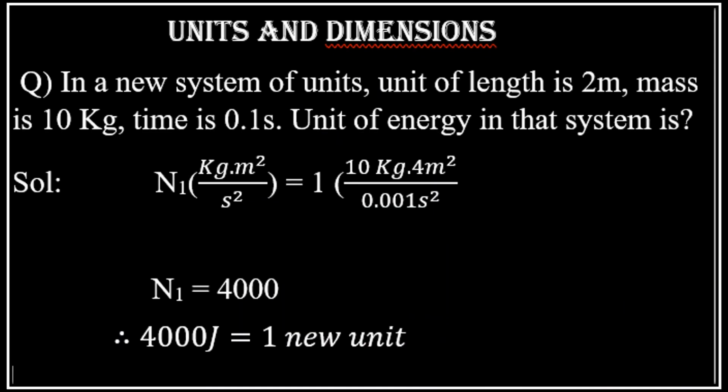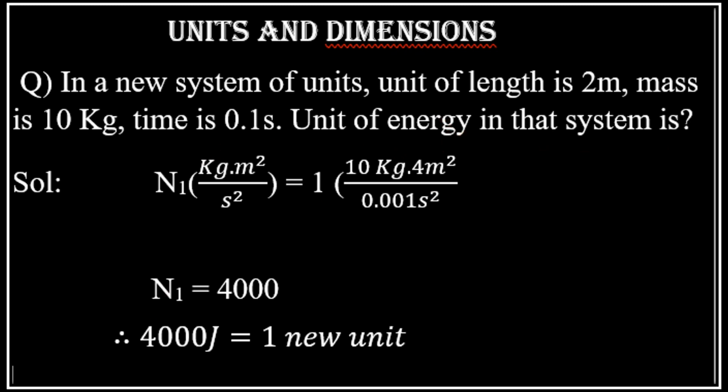So friends, let's solve another numerical related to conversion of units from one system to another. In a new system of units, the unit of length is 2 meters, mass is 10 kg, and time is 0.1 second. They are asking for the unit of energy in that system.